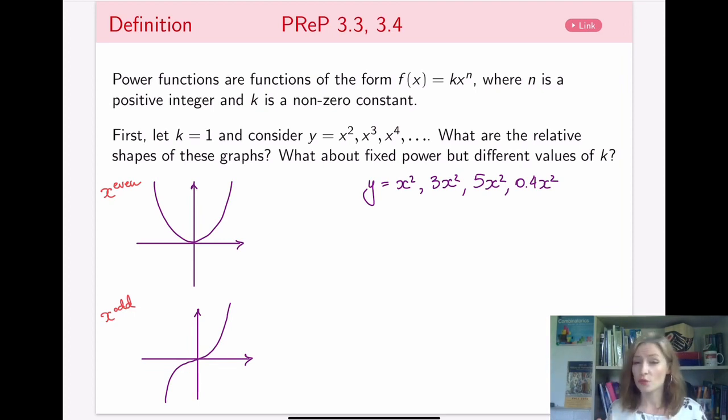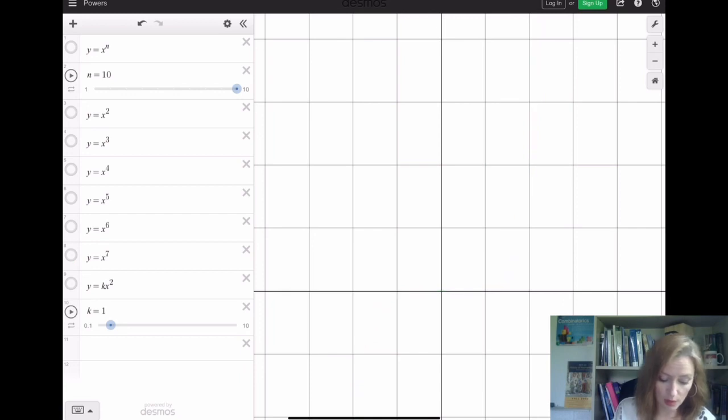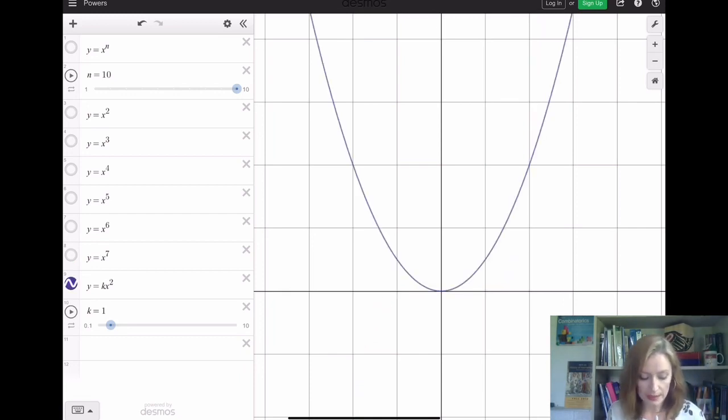Again, you can of course draw it by hand, especially by plugging in points, but we can also utilize our very handy tool of a graphing calculator here. So here, notice how I've entered this function kx squared, where k is now my little slider, and I'm going to go to and from 1 for k, right? So kx squared, notice that I start off with k equals 1.